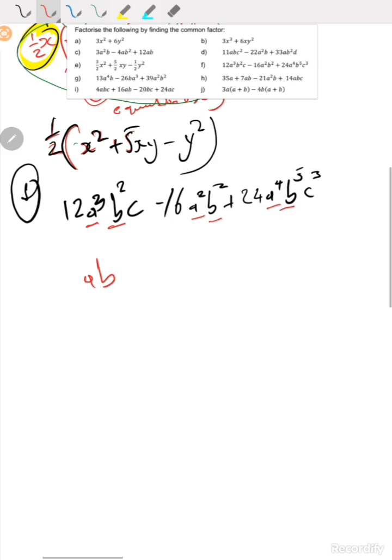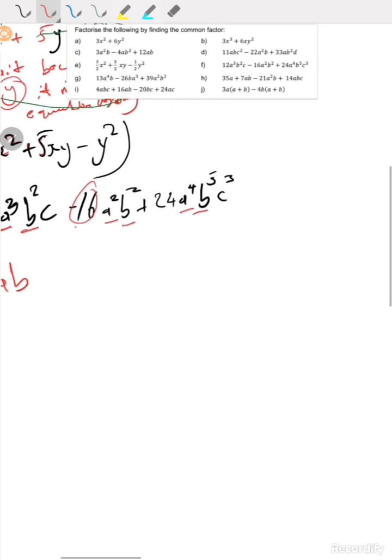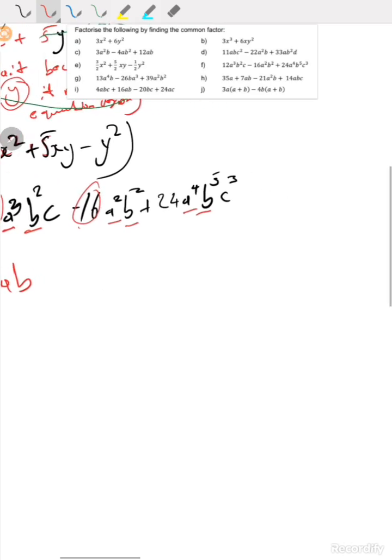We have ab. So let's check here on the numbers. Does this number have a common factor? Nah. So this number does have a common factor, which could be about 3 or 4, if not mistaken.